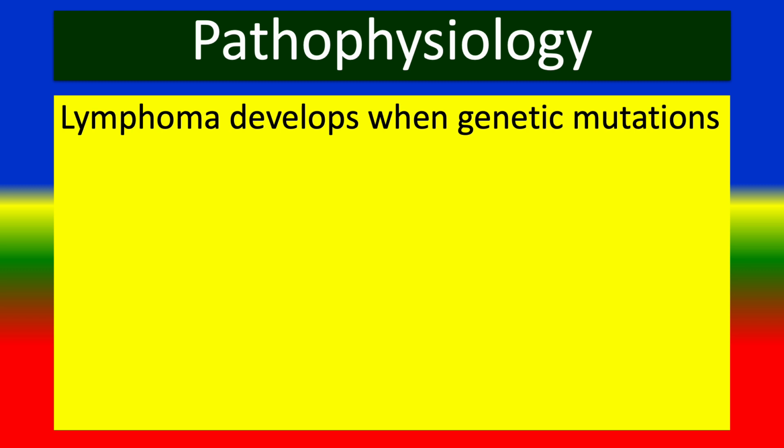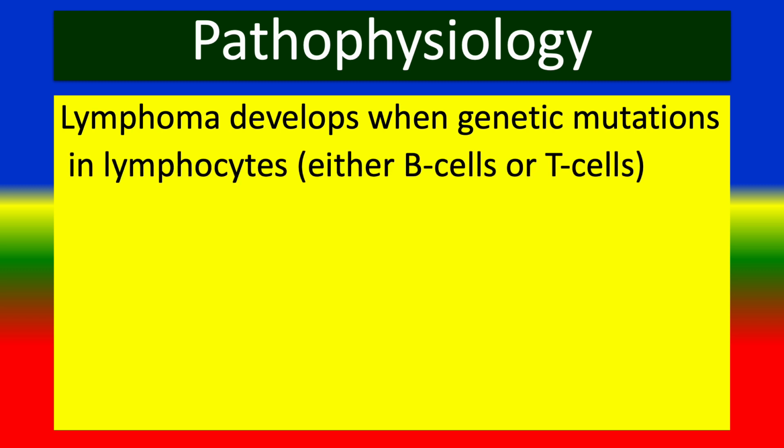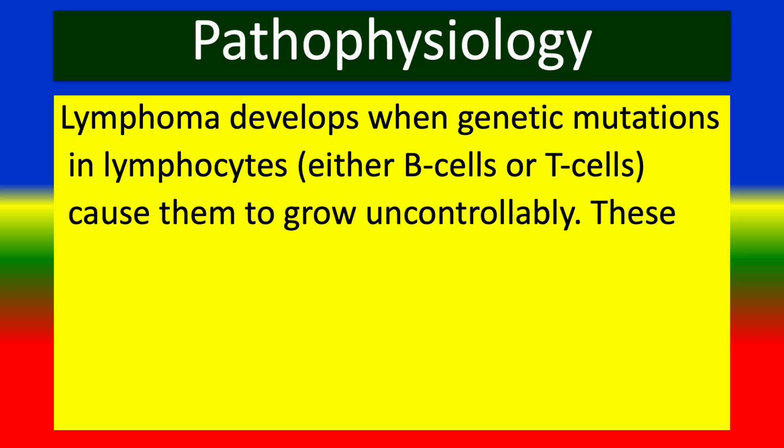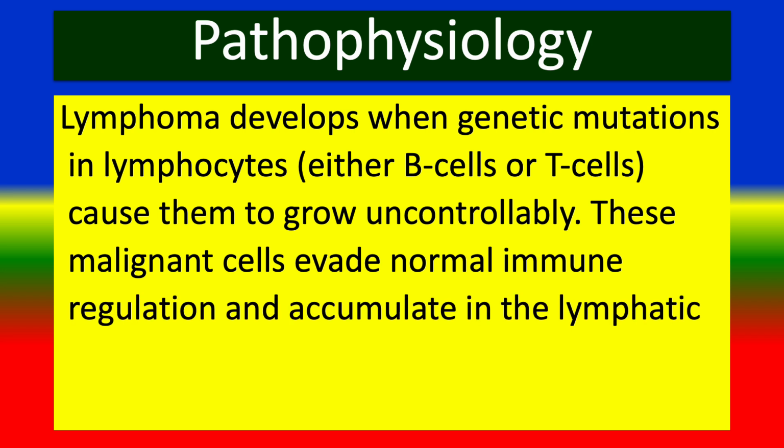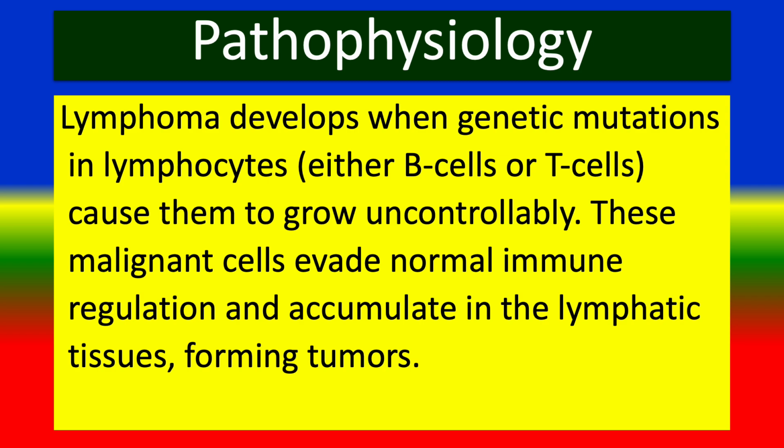Pathophysiology. Lymphoma develops when genetic mutations in lymphocytes, B cells or T cells, cause them to grow uncontrollably. These malignant cells evade normal immunoregulation and accumulate in the lymphatic tissues, forming tumors.